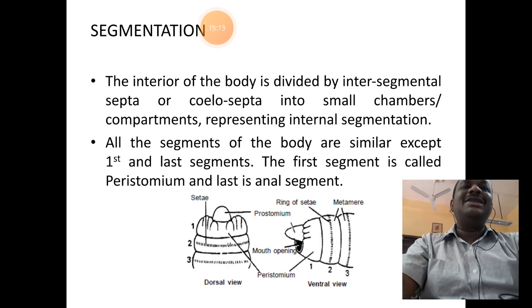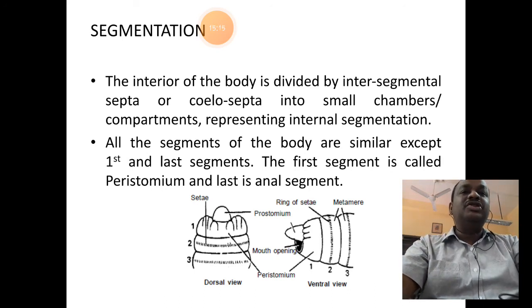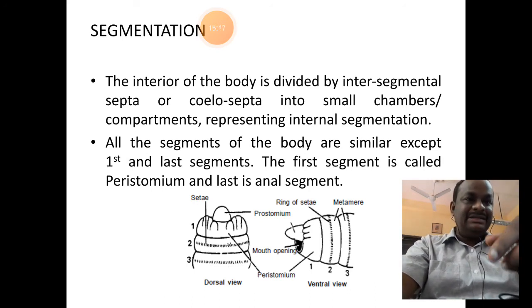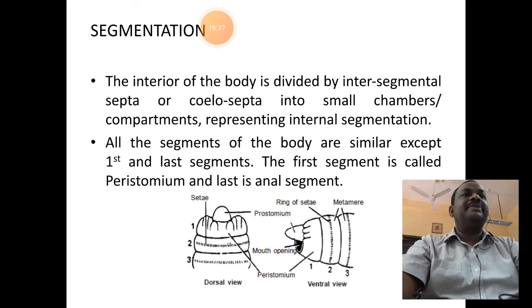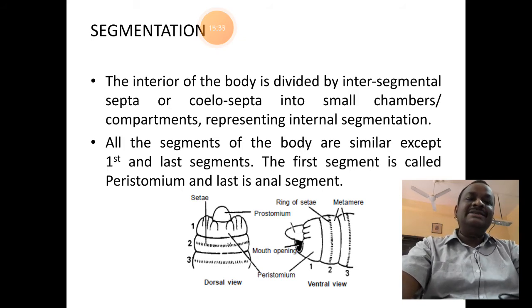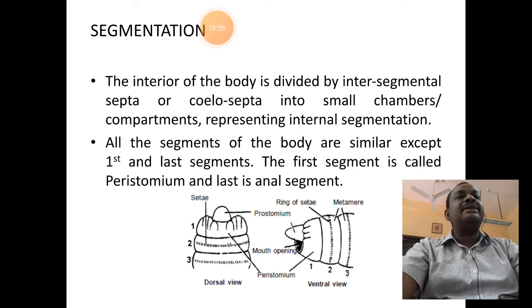Then the speciality of the segmentation process in the earthworm is that all the segments of the body are similar except the first segment and the last segment. The first segment is called the peristomium or buccal segment. The last segment we call the anal segment or pygidial segment.